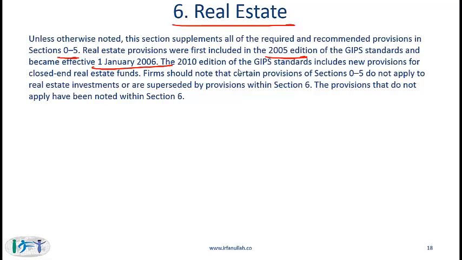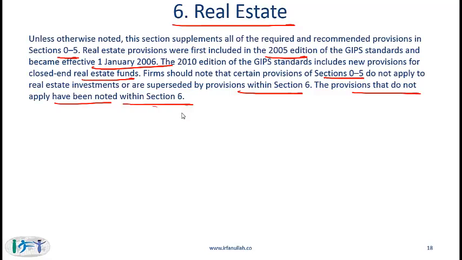The 2010 edition of the GIPS standards includes new provisions for closed-end real estate funds. Firms should note that certain provisions of sections 0 through 5 do not apply to real estate investments or are superseded by provisions within section 6. The provisions that do not apply have been noted within section 6.